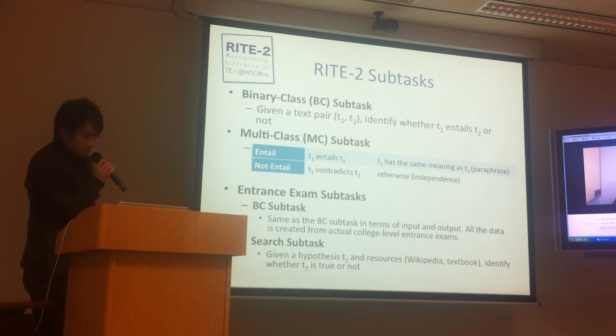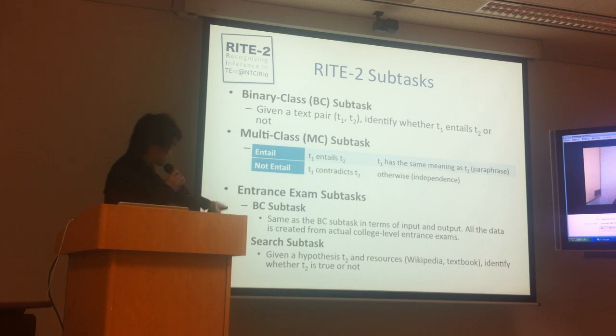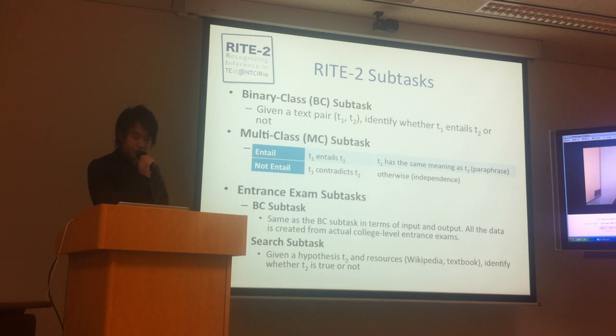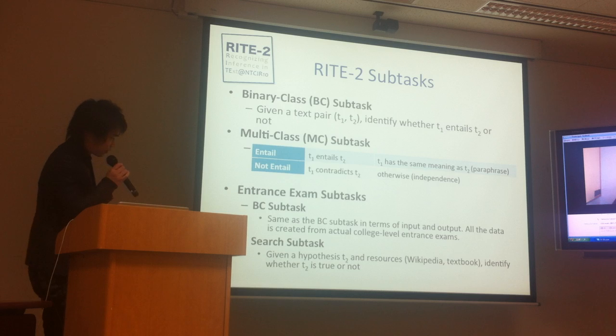In the entrance exam subtasks, there are two subtasks, the BC subtask and the search subtask. The BC subtask is the same as the RITE-2 binary class subtask in terms of input and output, but all the data is created from actual entrance exams.